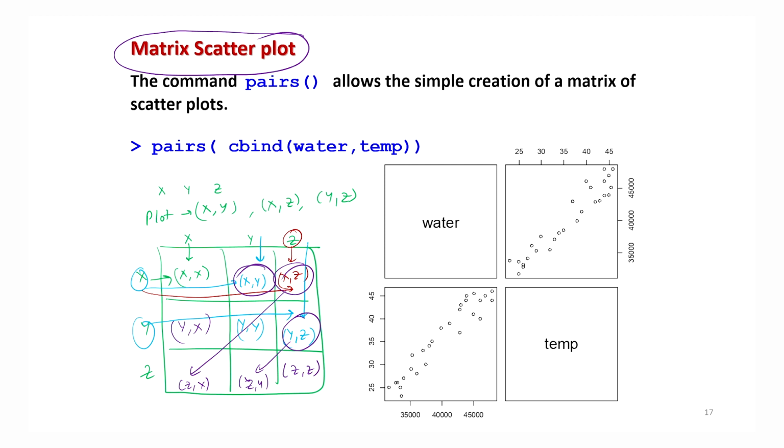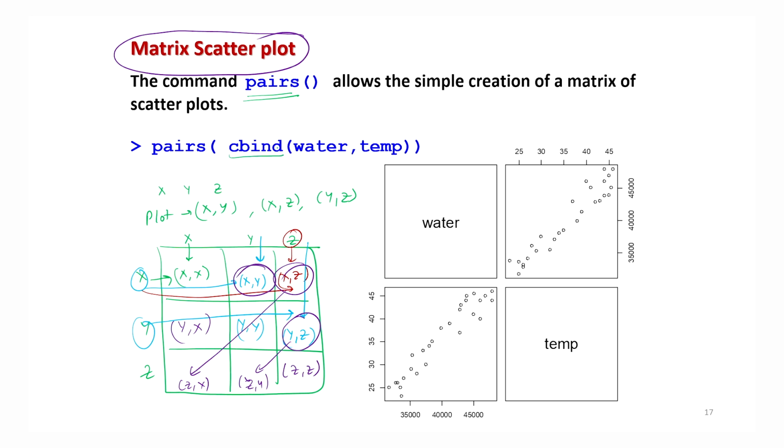In order to create such matrix scatter plots, you have a command here, pairs, P-A-I-R-S. But first we have to combine the variables for which we want to create the plot. For that we have a command, cbind.